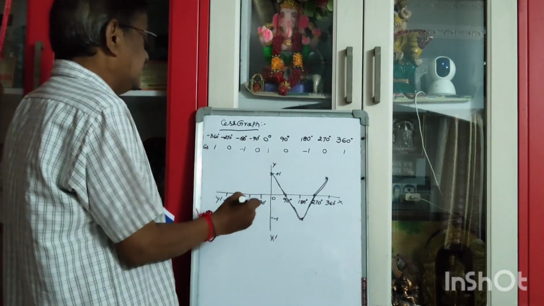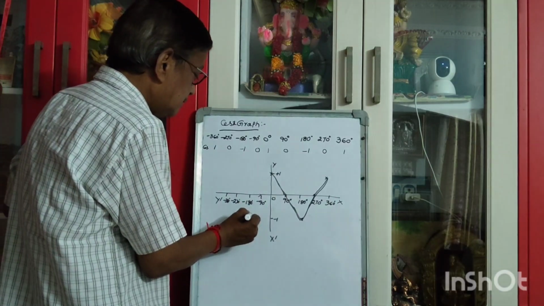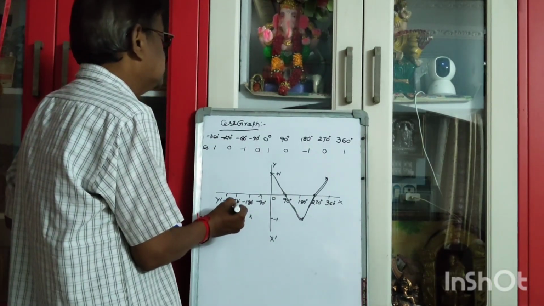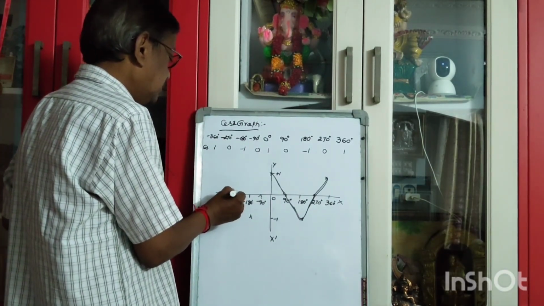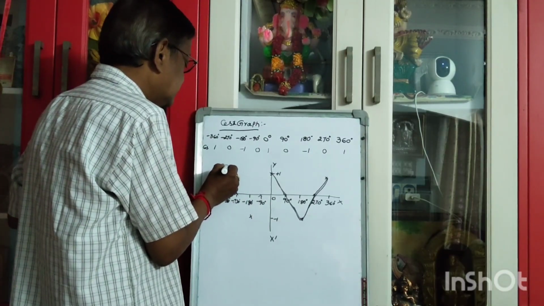Cos minus 90 is 0, cos minus 180 is minus 1, cos minus 270 is 0, cos minus 360 degrees is plus 1.